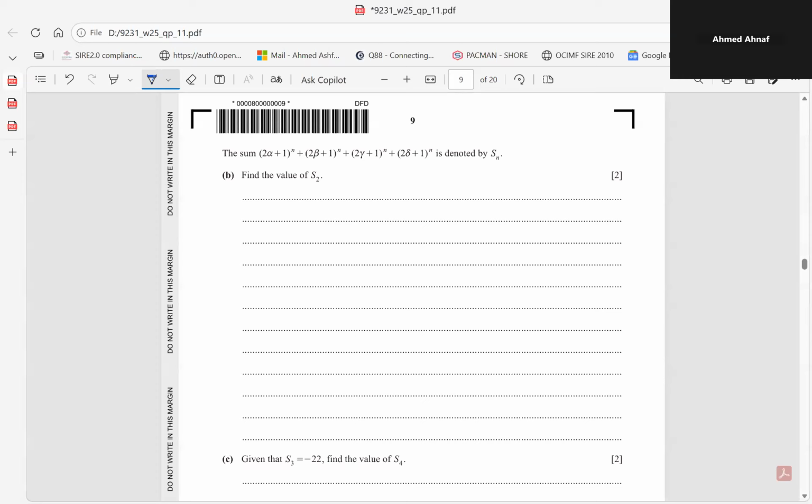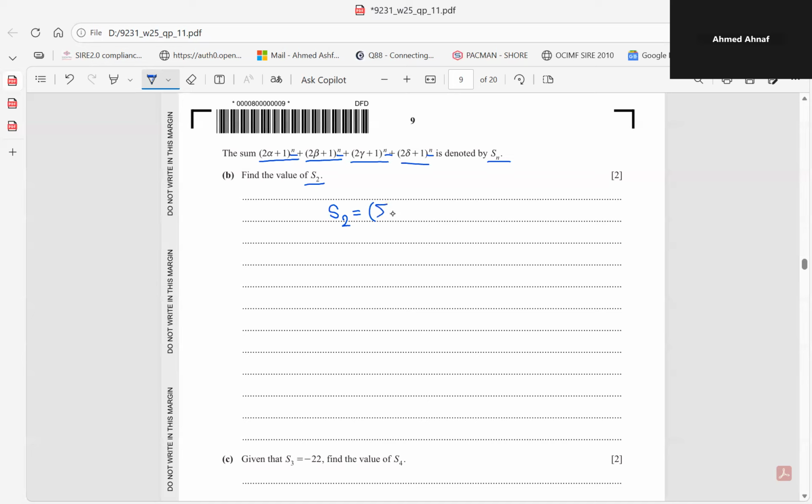Okay, so for this next part, we're told that the sum of all the roots to the power of n is denoted by Sn. So for this part, we need to find the value of S2, which is basically just the sum of the square of the roots. To find S2 for any equation, whether it's quadratic, cubic, or quartic, the same formula applies.